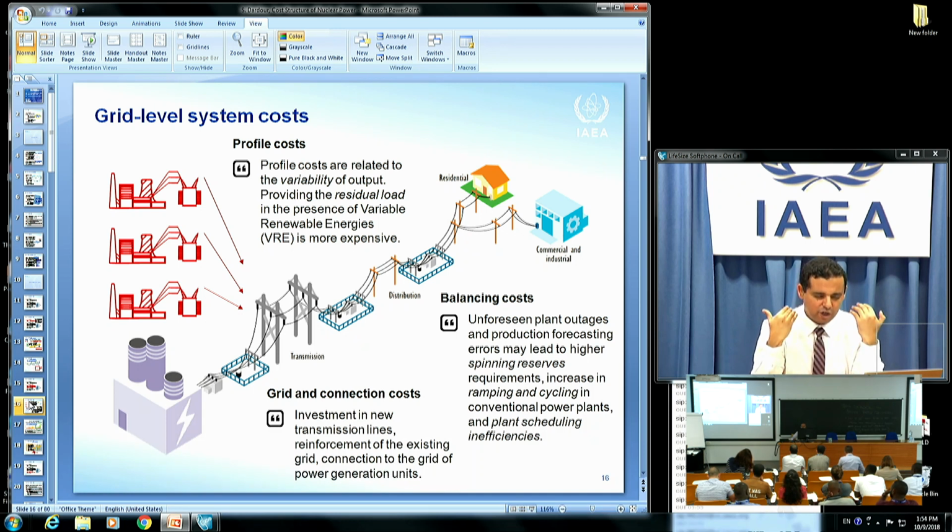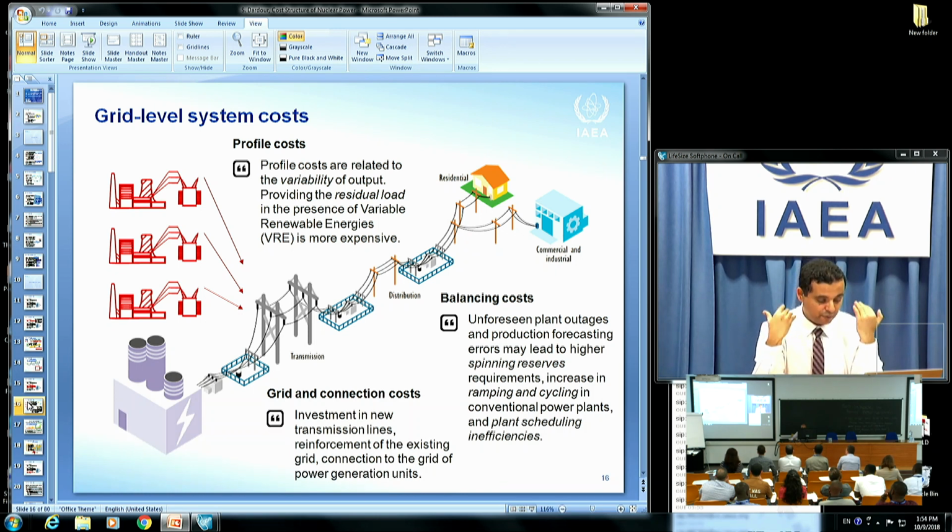So these are changes in the output of these plants to accommodate changes in the output of renewables. When a coal plant operates not at its highest capacity, but at, let's say, 50%, for the coal plant owner or for the gas plant owner this means less electricity sold to the grid, so less revenue. And these are balancing costs.